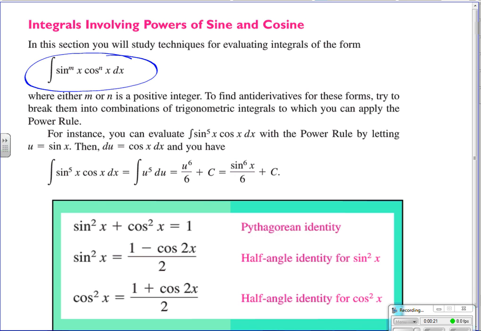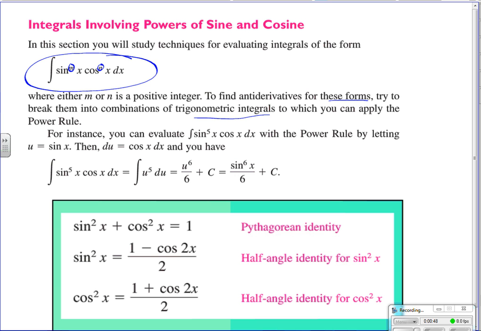So we're looking for the type of problems where we get sine raised to a power and cosine raised to a power. So sine of mx and cosine to the power n of x dx, where either m or n is a positive integer. To find the antiderivatives of these forms, try to break them into combinations of trig integrals to which you can apply the power rule.